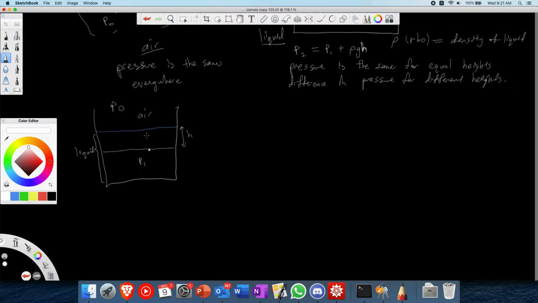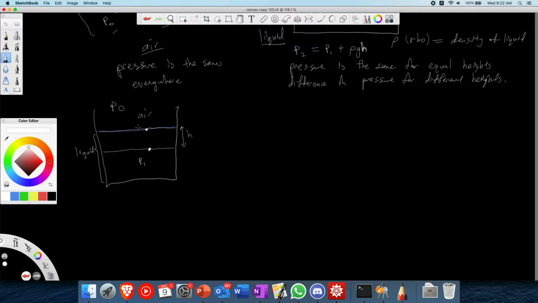If we know the pressure right below the surface of the water, then we can find the pressure inside the water via the formula P2 equals P1 plus rho gh, because it will just be this pressure plus rho gh.